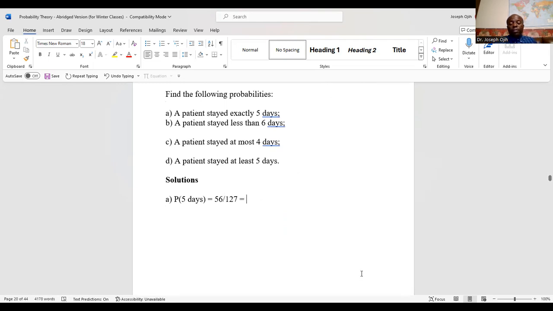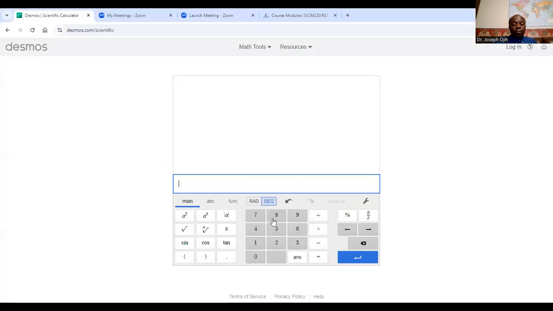From the calculator, 56 divided by 127 is 0.441 rounded. So the answer is 0.441.